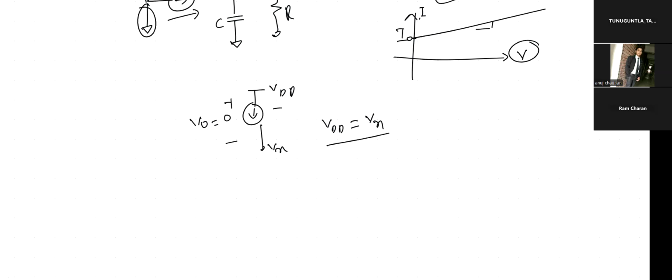Now if my I naught is a function of the voltage across it, and that voltage is zero, then my I naught has to settle on some value, either a constant value or zero, whatever it may be. So there may be some constant current, and it depends on the circuit and the application, because this current source is not that ideal in the practical case.